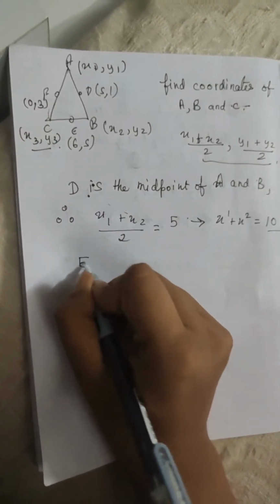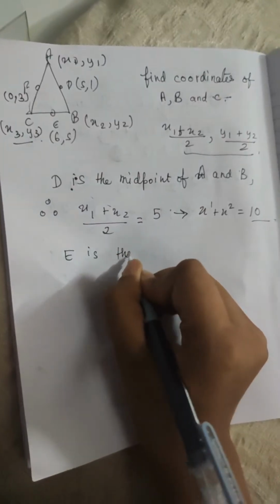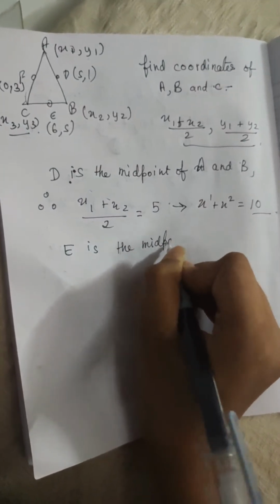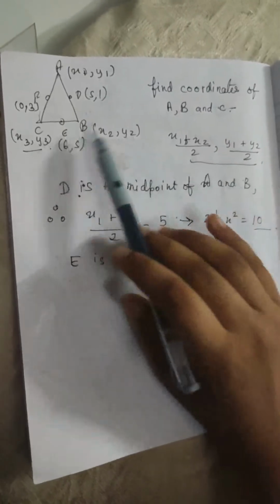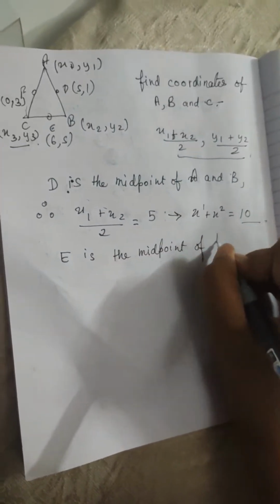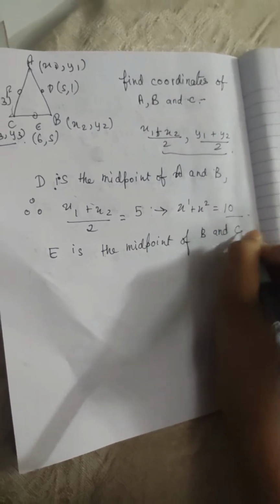Then we'll do the same for E. So E is the midpoint of what? E is the midpoint of B and C. Right?